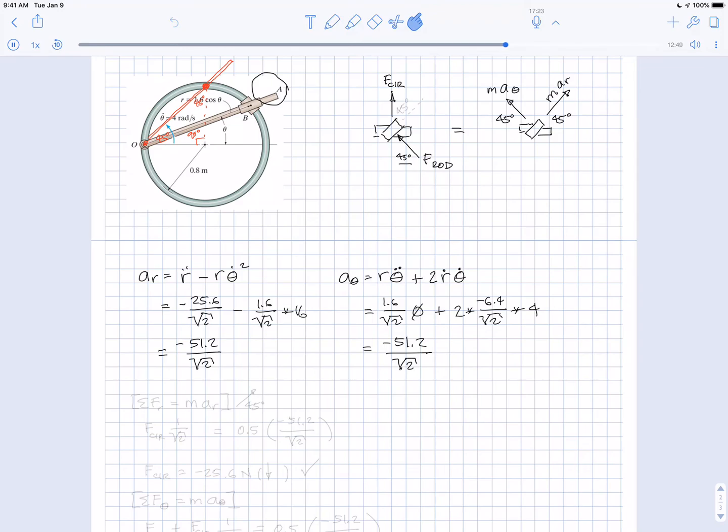Okay, we're ready. We could either take x and y components or r and theta components, and looking at it, 3 out of the 4 things in the free body diagram are in the r and theta directions. The normal force of the circle is in the y direction, so I'm choosing to do r and theta components because 3 of them are already in those directions.